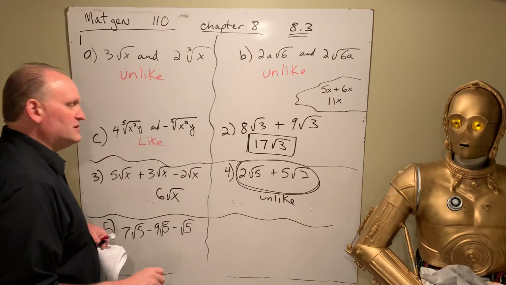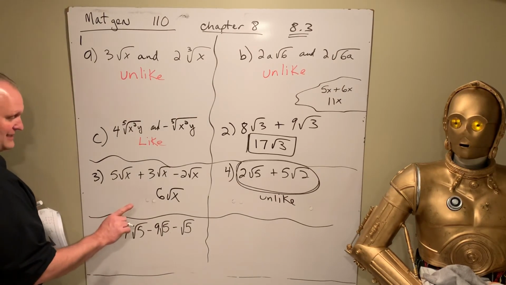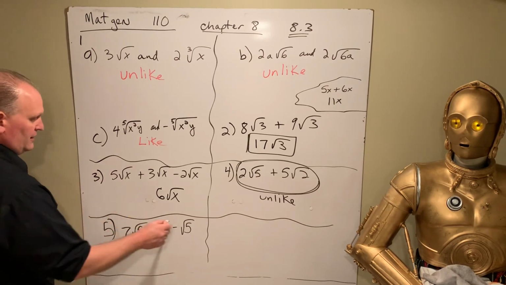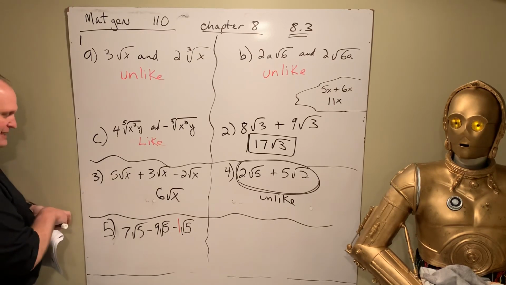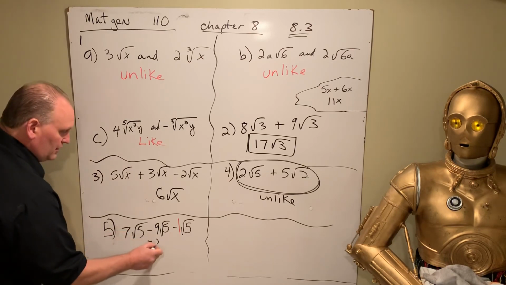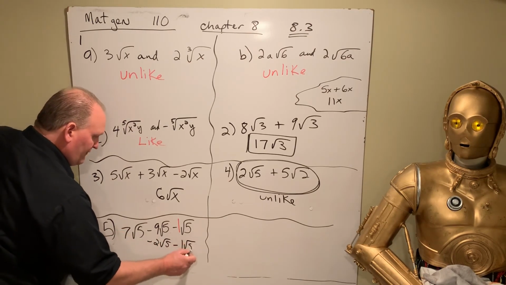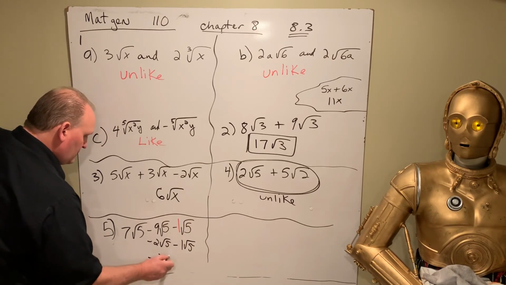It just stays 2 square roots of 5 plus 5 square roots of 2. 7 square roots of 5 minus 9 square roots of 5 minus, remember when there's nothing there, there's a 1 there. So we have 7 minus 9 is negative 2 square roots of 5 minus 1 square root of 5. So a negative 2 and a negative 1 is negative 3 square roots of 5.